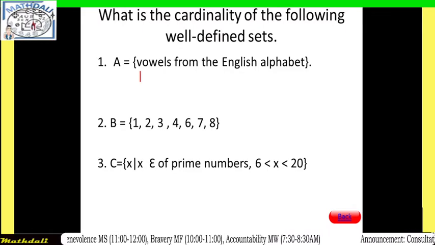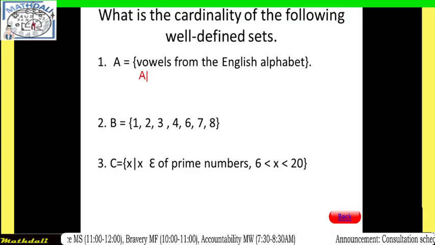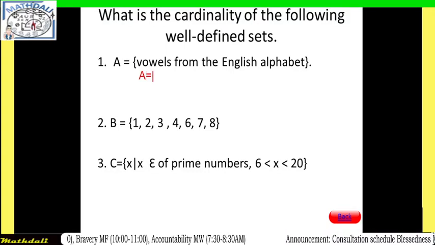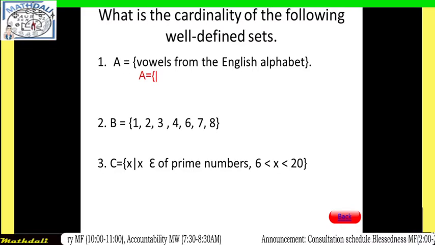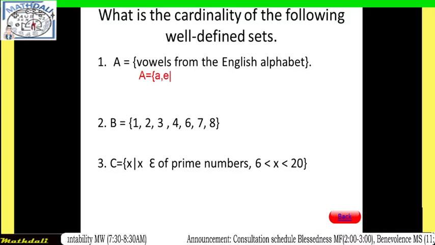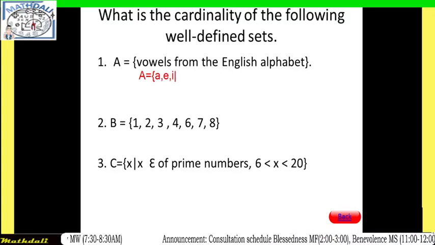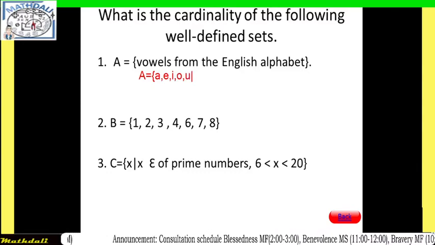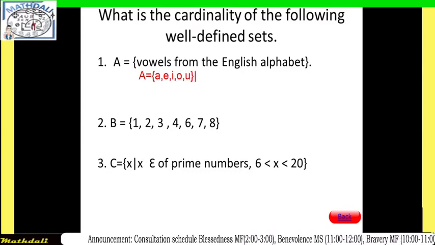So gagawin muna natin yan na roster method. So A will be equal to, we have the elements. This A contains the elements. Ano yung mga vowels natin? We have A, we also have E, then we have I, then we have O, then we have U. Okay, so those are the vowels from the English alphabet.